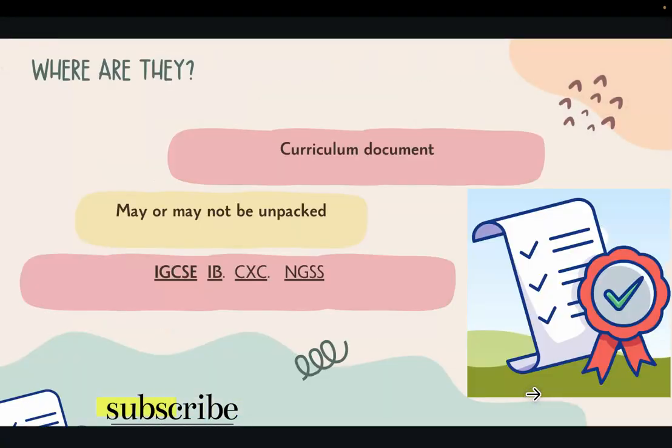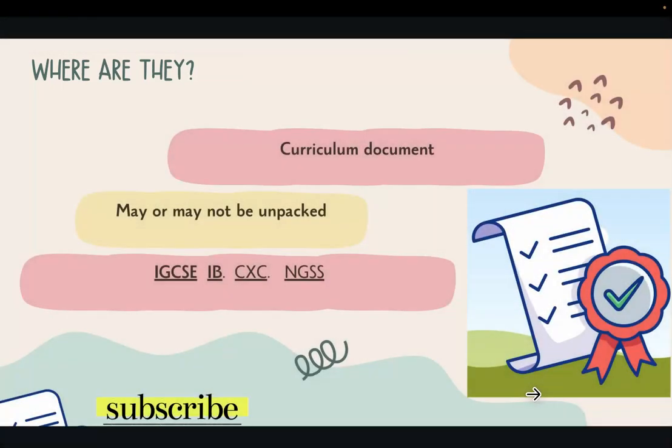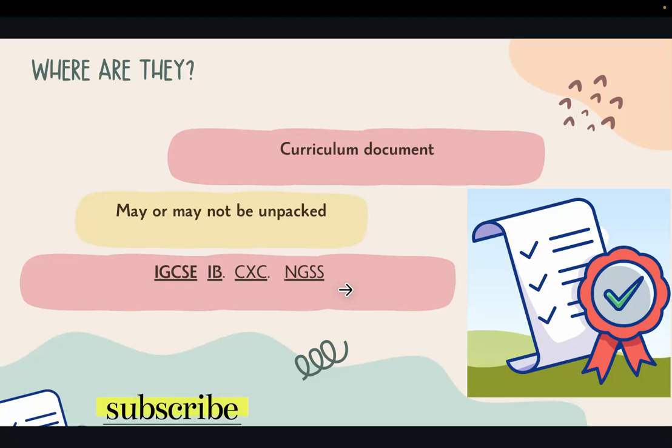So where do we find our standards? They are usually found in curriculum documents. In some curriculum like the NGSS, the standards are very broad, ambiguous statements. I find some of them ambiguous.